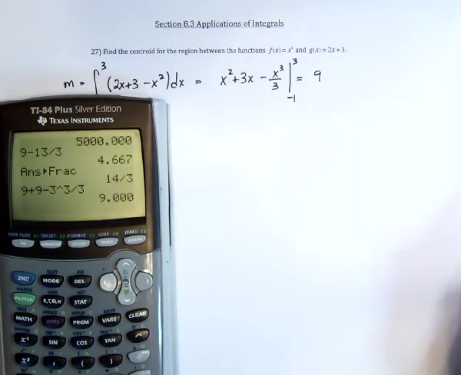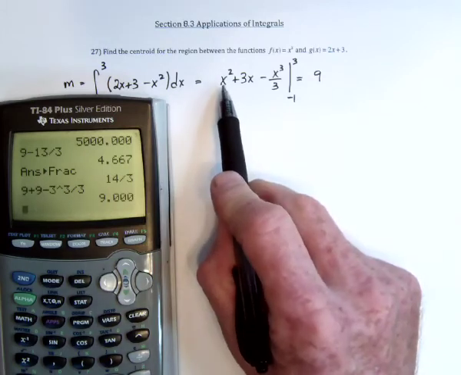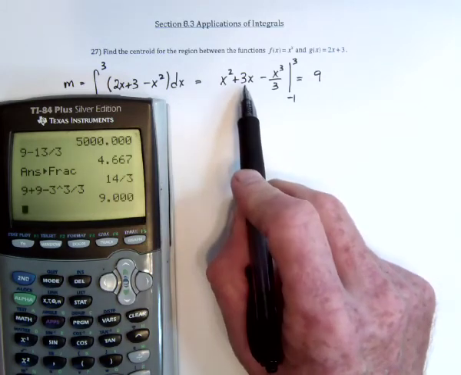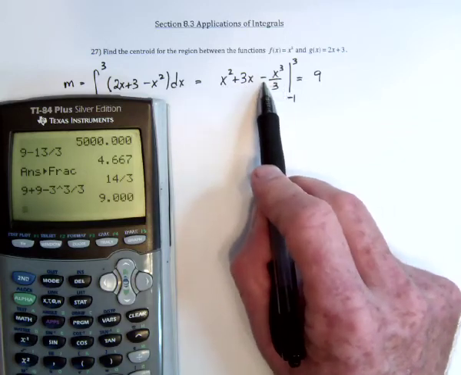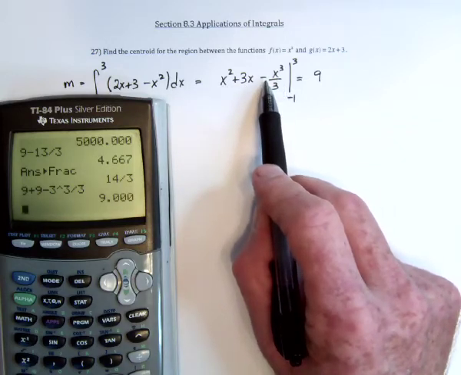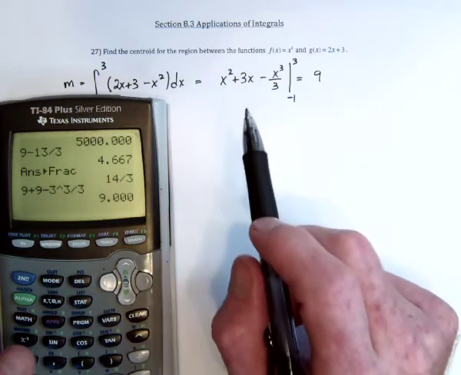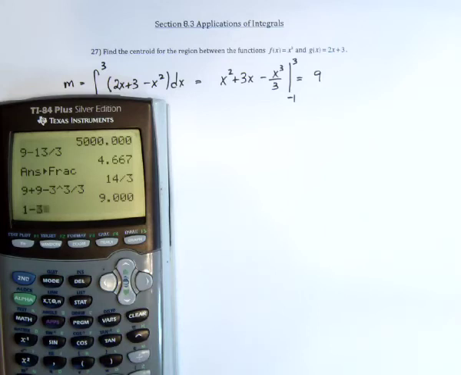Then when you substitute -1, this will be 1 minus 3, and then this actually becomes +1/3. So there are 3 negatives there, and a fourth one there. So this is 1 minus 3 plus 1/3, which is -5/3.